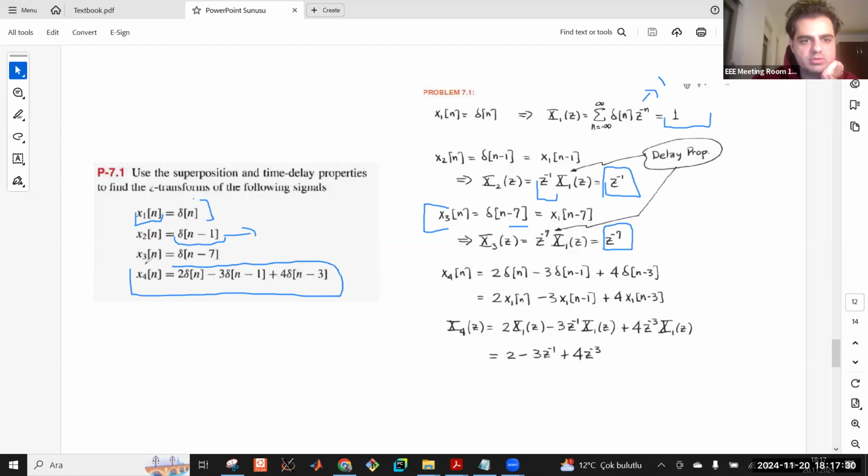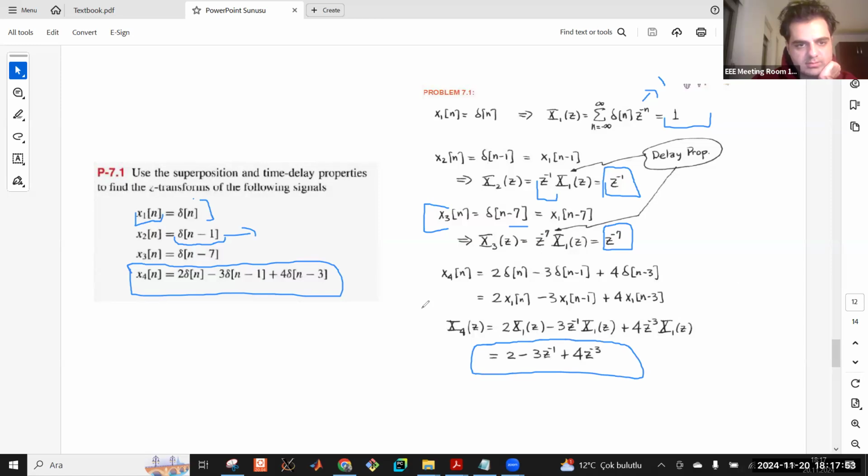x4 is a superposition of x1, x2, and x3. Therefore, we can use this superposition to find the signal representation in the Z domain. Am I correct?